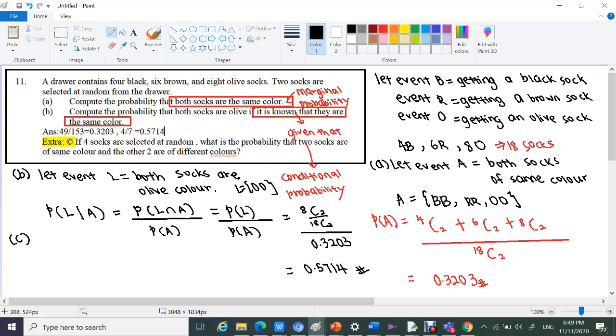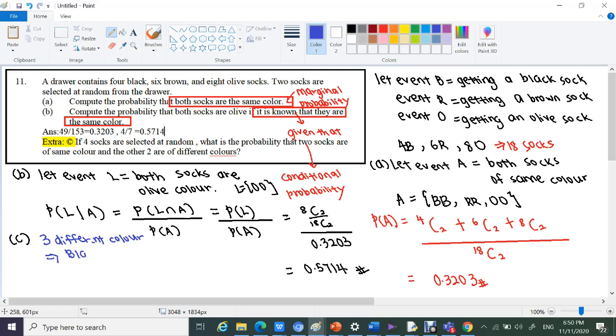We know that we are going to choose 2 socks of the same color and the other 2 of different color, right? We have 3 different colors. What colors do we have?